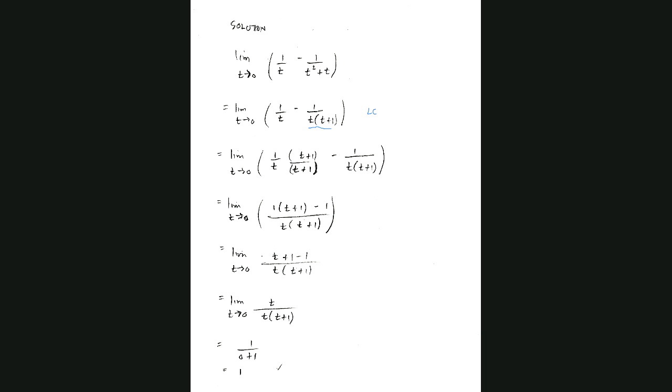What is the least common denominator going to be then, between these two fractions? That's right, Sebastian. T times t plus 1.